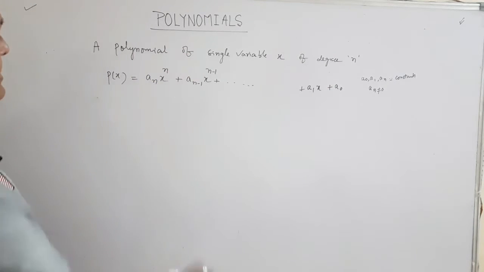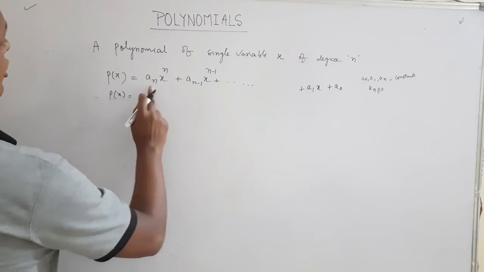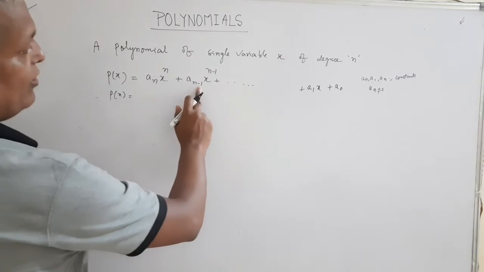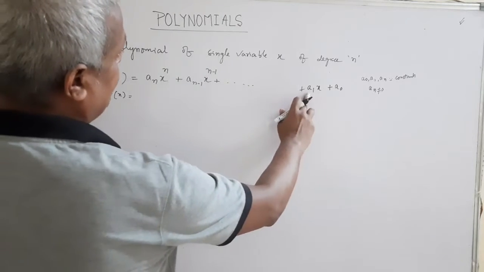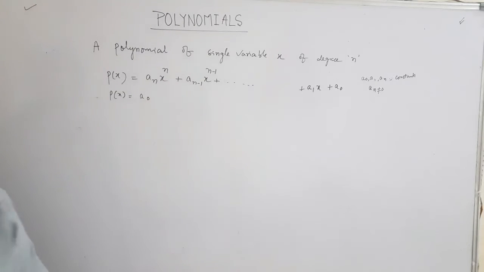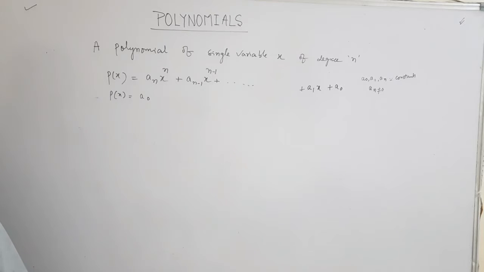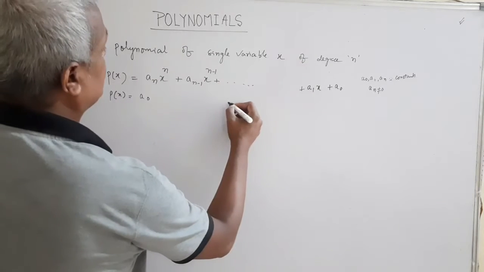Now suppose I have only one term: P(x) where an is 0, an-1 is 0, till a1 everything is 0, and I have just a0. Is it a polynomial? Yes, this is a polynomial of degree 0, also called a constant polynomial.